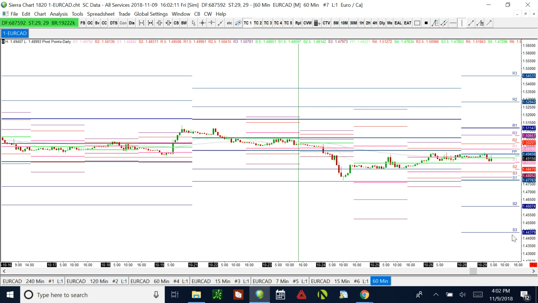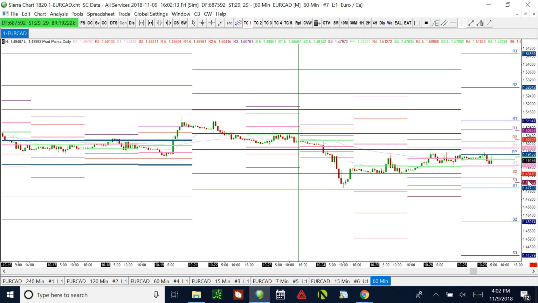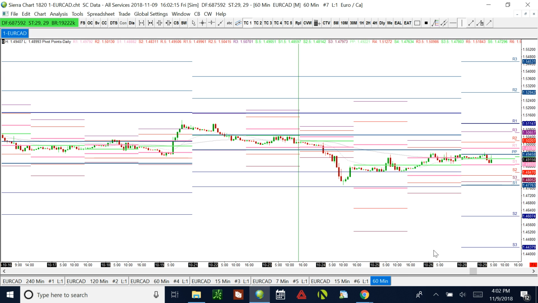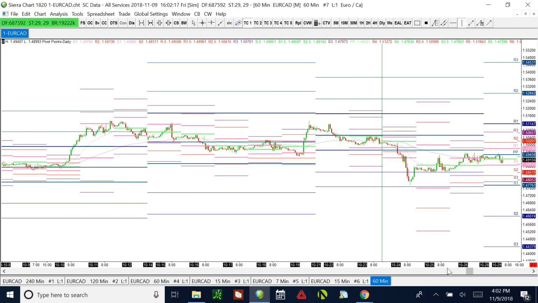And more often than not, the price is going to come around, bounce off of these, come down here, bounce off of this one, and so these pivot points act as support and resistance, and they're a really good tool.